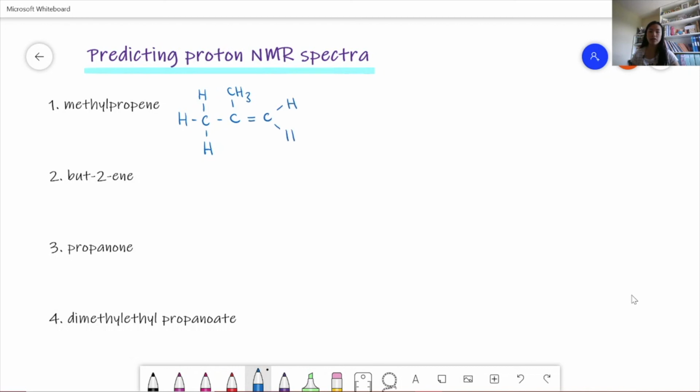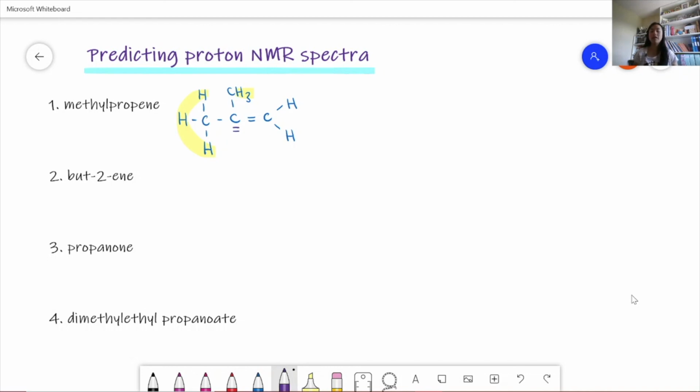and then a double bond, and then a carbon with 2 hydrogens. And now we look at the hydrogens and see which ones are in the same environments and which ones are in different environments. So firstly, we're going to look at these hydrogens here. We can see that these 3 hydrogens and also these are in exactly the same environment because they're all attached to a carbon, which is then attached to this carbon here.